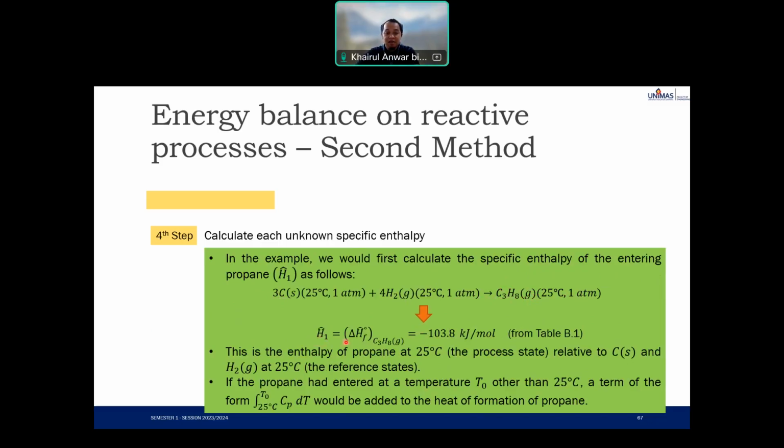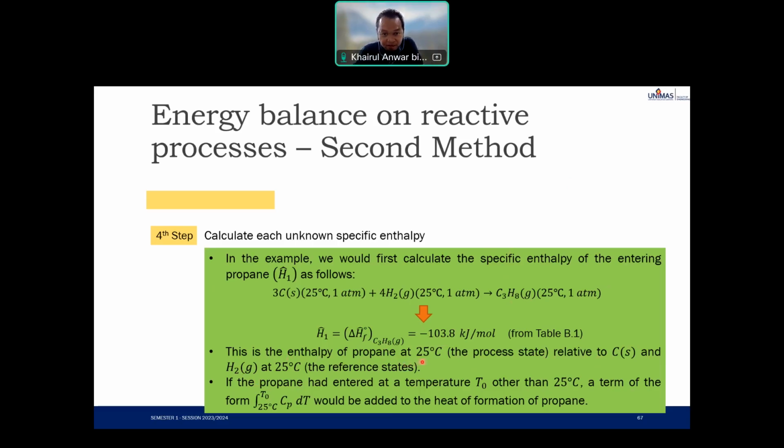Then delta H1 is the heat of formation of propane.